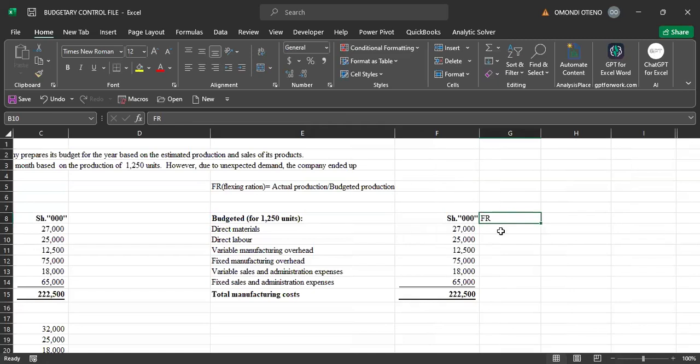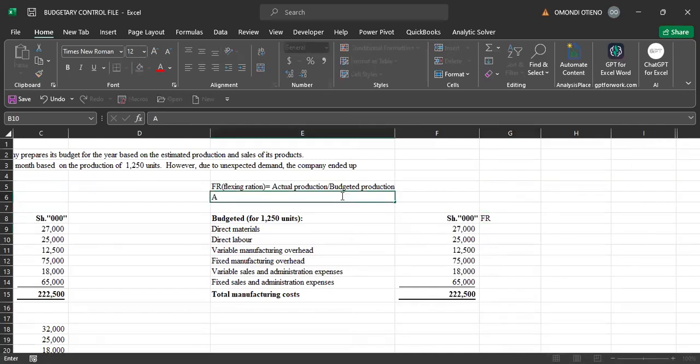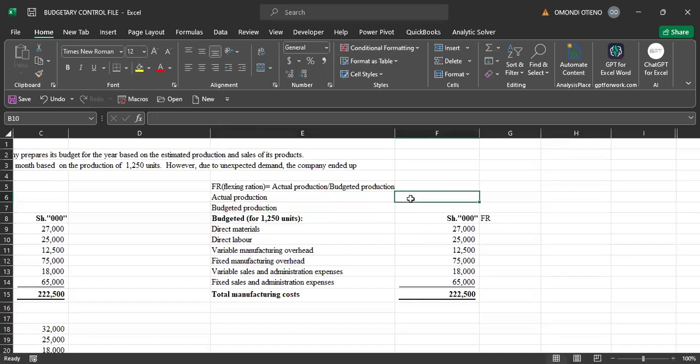Yes, what are you getting? So budgeted production, do we have the two? Yes, we have actual production, then we have budgeted production. So our actual production, 1,500 units.